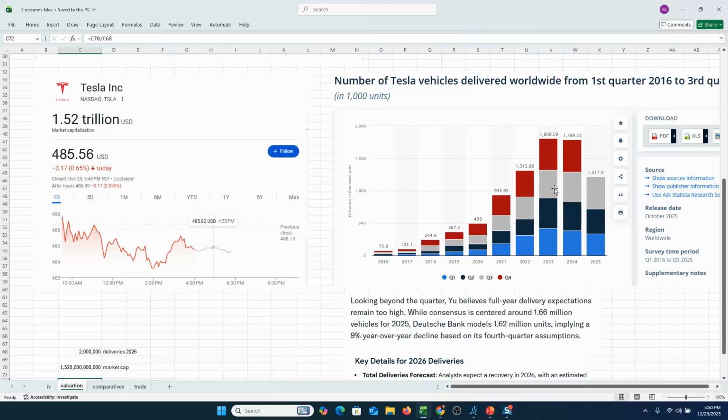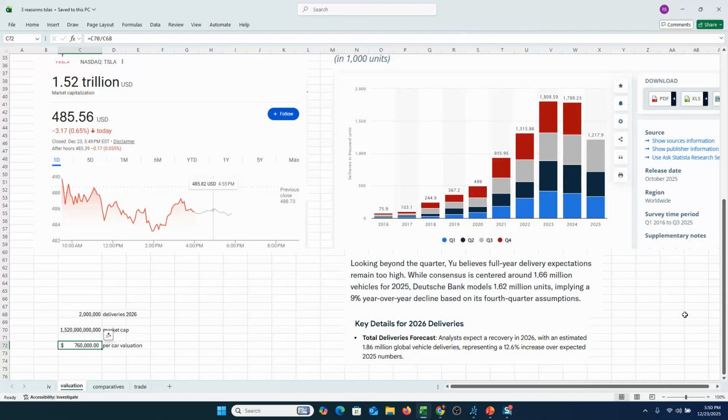But I think the best thing to look at is deliveries on an EV basis. So you can see delivery is a little bit lagging, right? For full year 2025, everyone is expecting about 1.66 million deliveries overall as far as number of cars. That's basically car sales, right?